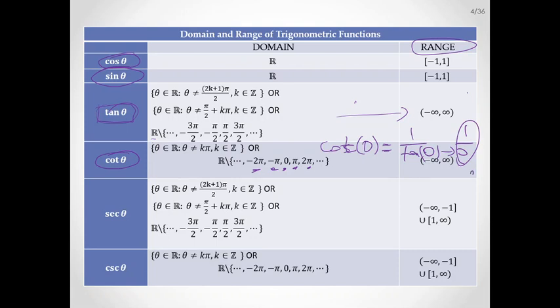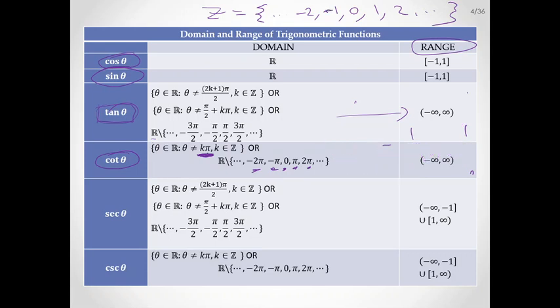So you see cotangent 0 is undefined. Which type of angles make it undefined? The integer multiples of pi. I want to remind you the integers: all positive and negative whole numbers.